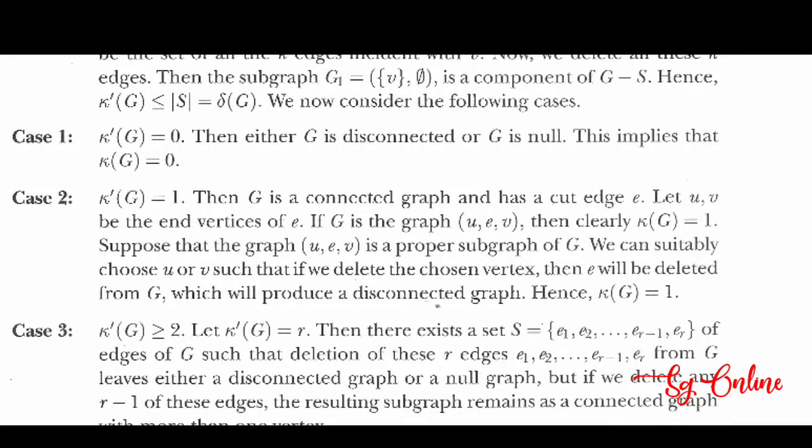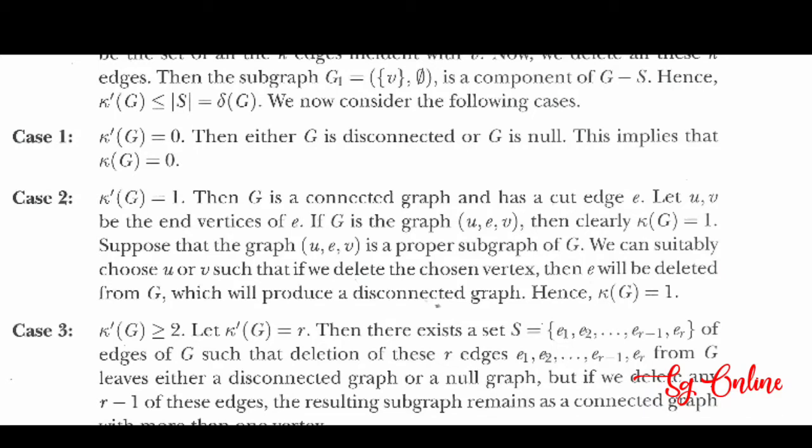Now the important part is when kappa dash is equal to 1. Then the original graph is a connected graph and it has a cut edge E. If we consider the endpoints U and V of this edge, and you remove either endpoint U or V, then the edge is also deleted and the graph becomes disconnected.